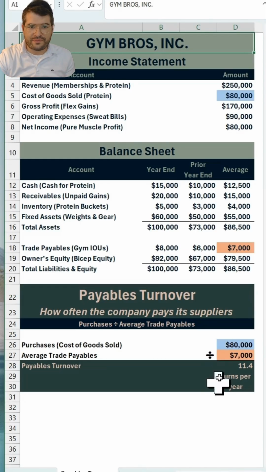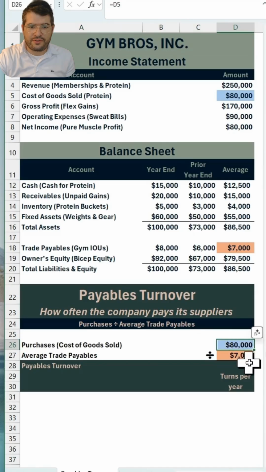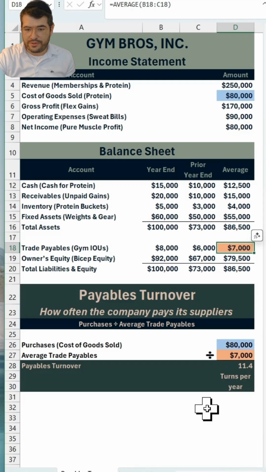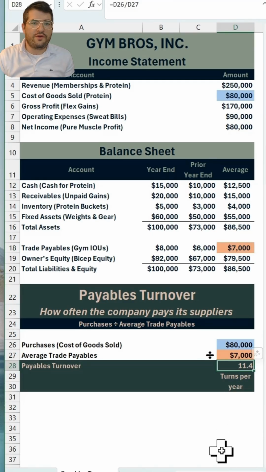So anyway, if you take your cost of goods sold of $80,000, like it shows up here, and then divide it by your average trade payables, that will show you that your payables are turning over 11.4 times over the course of the year. So this is showing you how quick you are at paying off your accounts payable.